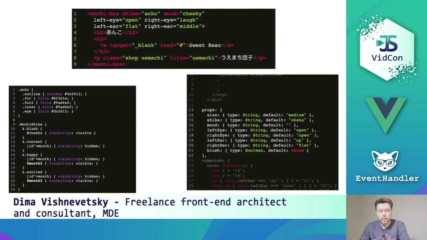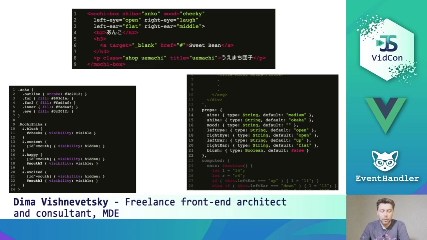Let's see actually how it looks. So we have the mochi box that contains the types of the dogs, and we see that we are passing props to it, like left eye open, left ear flat, etc. On the left bottom side, we can see a piece of the CSS that describes, depending on what classes this mochi box has, how to show and hide specific parts of the SVG.